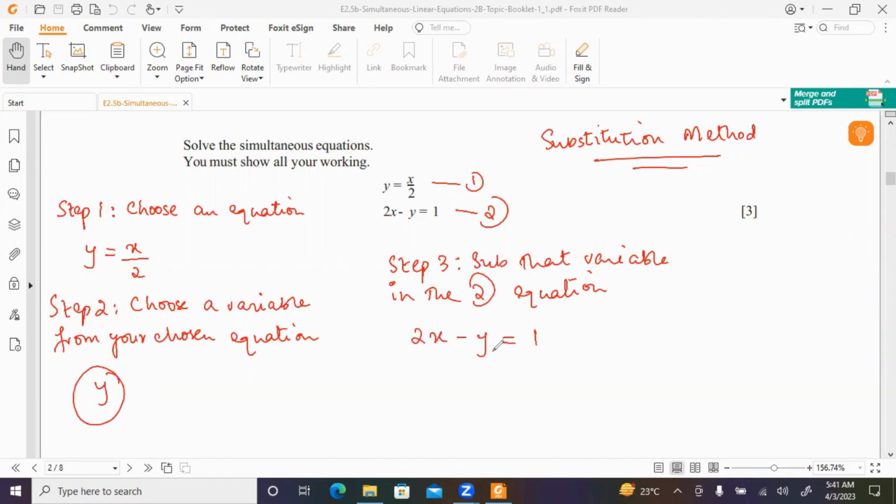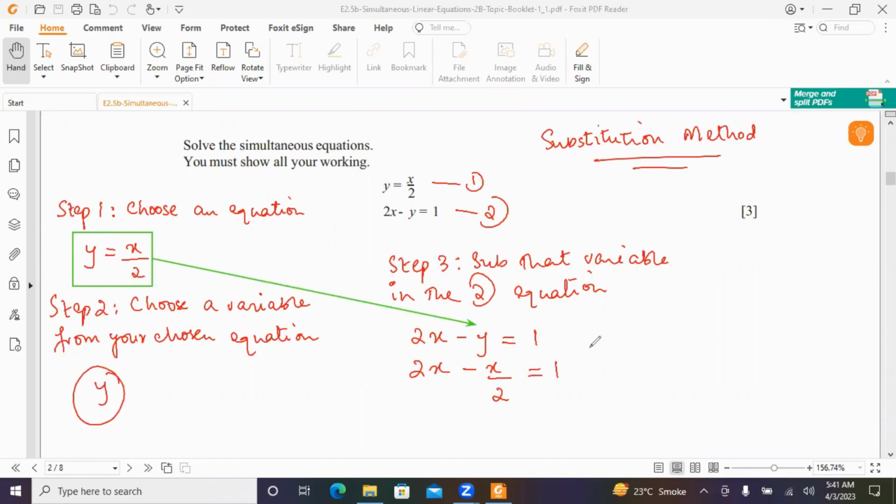I'm going to replace y with this expression. Since y equals x over 2, I'm going to write 2x minus x over 2. As you can see, y became x over 2, and now the entire equation is in terms of just one variable, which is x.